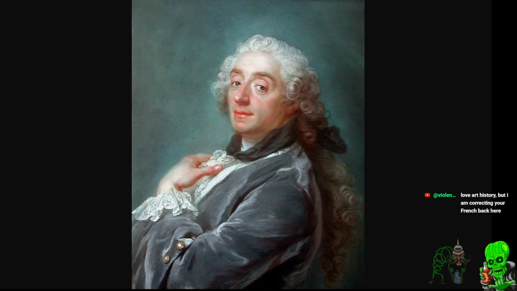Fragonard absorbed the Rococo style of Boucher, and Boucher is noted as the first person to recognize Fragonard's talent, but he sent him to Chardin for a foundation before taking him under his wing to teach him the Rococo style.